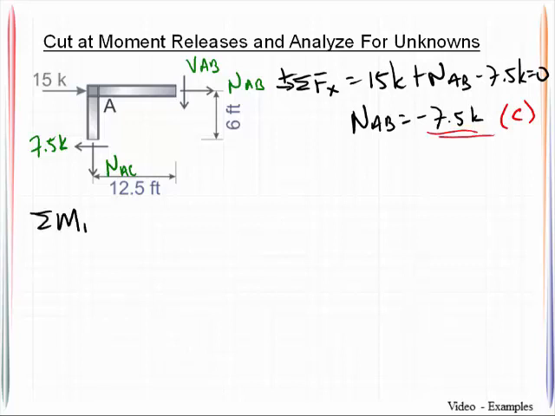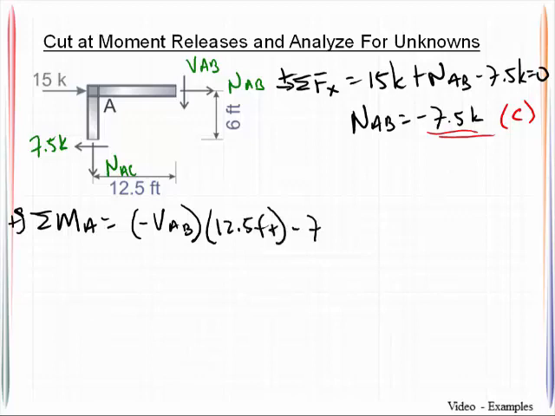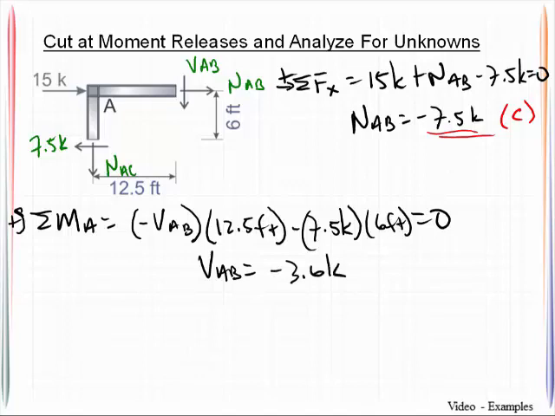I'm then going to sum the moments about joint A. That'll give me negative VAB multiplied by 12.5 feet minus 7.5 kips multiplied by 6 feet, and that is equal to 0. So VAB is equal to negative 3.6 kips.